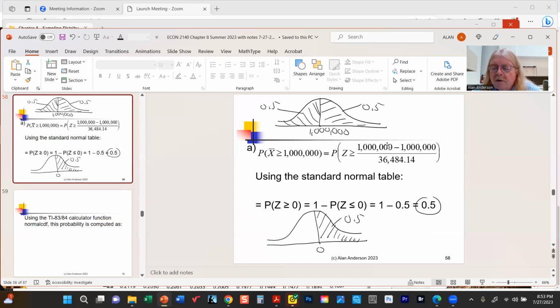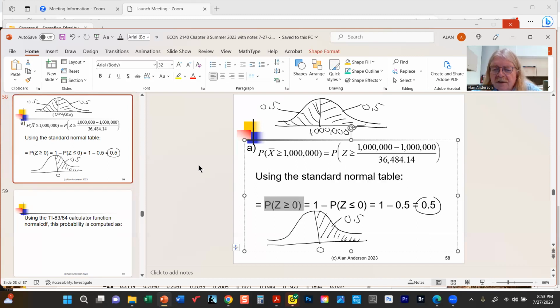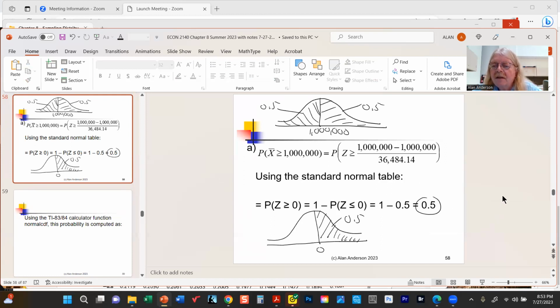But if you go through the formality of doing this transformation, you'll see that what we're asking for is the probability that z is at least 0, or equivalently, 1 minus the probability that z is less than or equal to 0, or 1 minus a half, which leaves us with a half. Any way you slice it, the probability is a half.